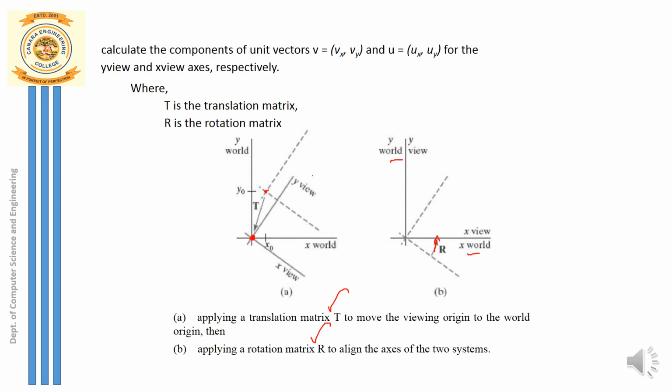So apply the translation matrix first to move to the world coordinate origin, and then apply rotation by an angle theta to align your clipping window along the x world axis, and align the rectangle along the y world axis. Once the alignment is done, now you are ready for performing clipping.